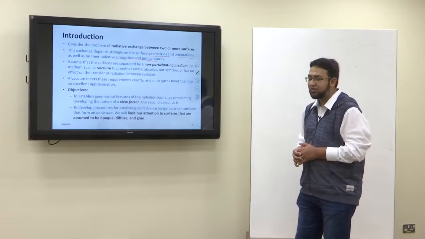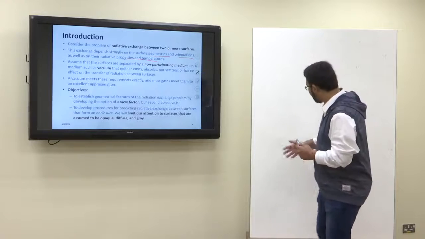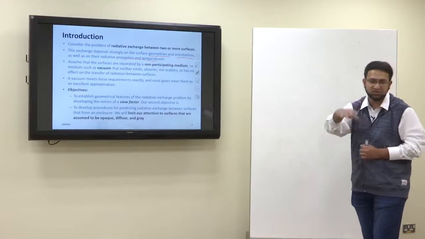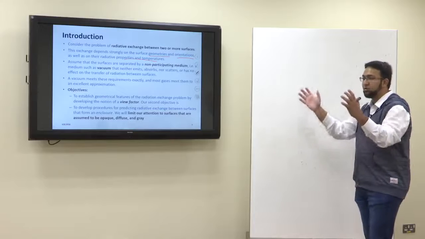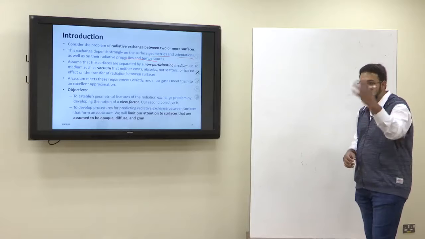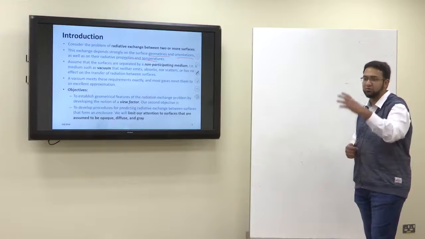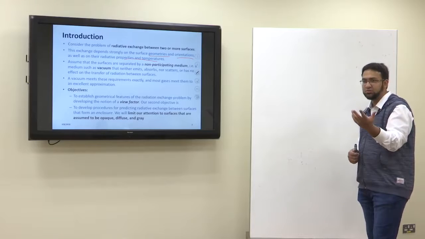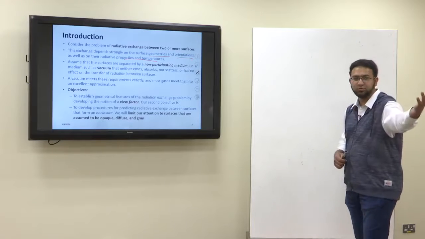And resistance could be in the form that radiations are emitted from this surface, but for reaching the other surface, if they are absorbed somewhere in between, then that means the in-between medium is posing a resistance, because it's not allowing all of it to be transferred.